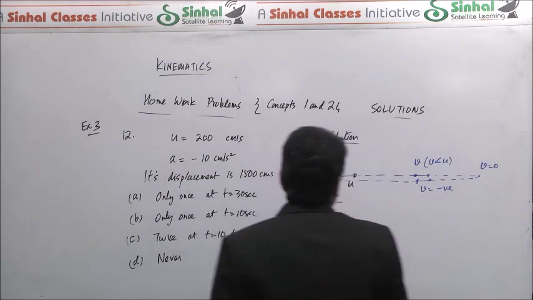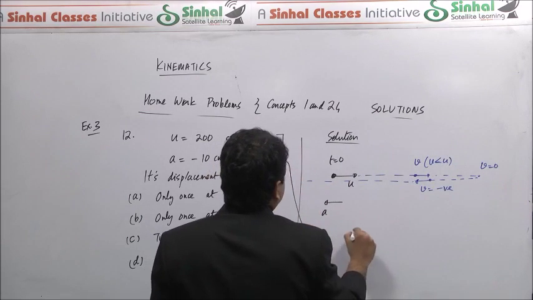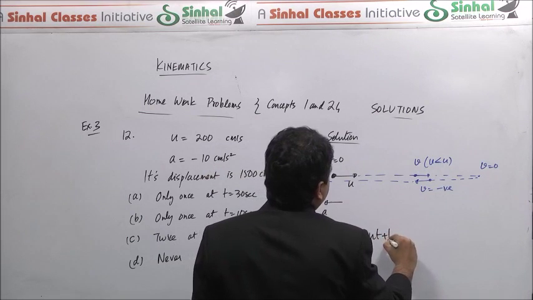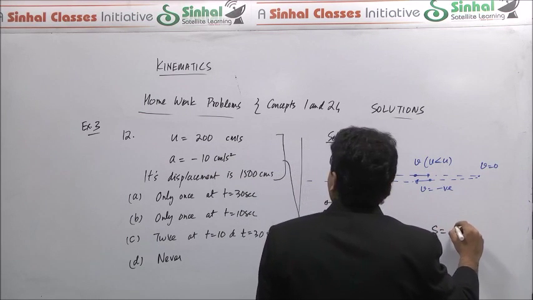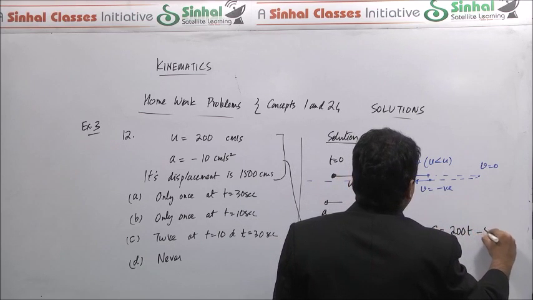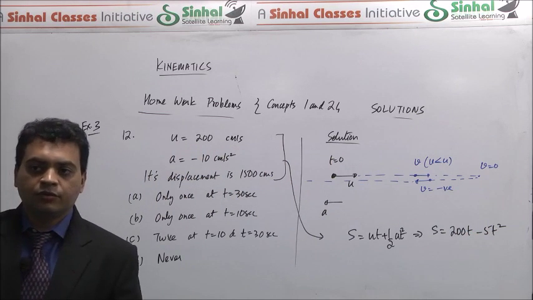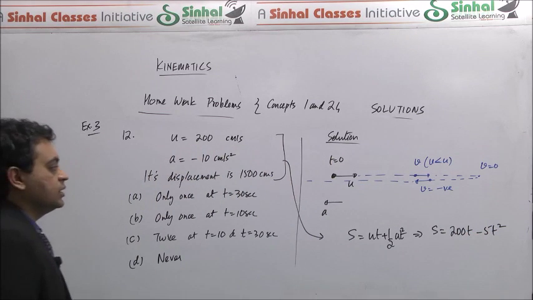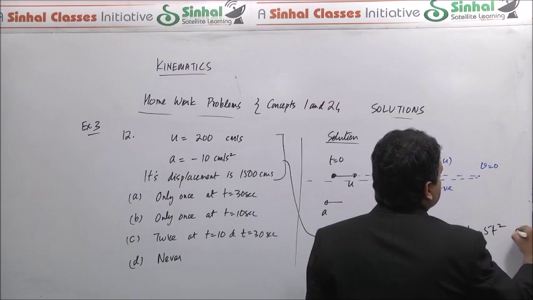Using this information, displacement as a function of time is ut plus half at square. So in this case, that is 200t minus 5t square, because we have taken centimeters per second for velocity and centimeters per second square for acceleration. This displacement is in centimeters.